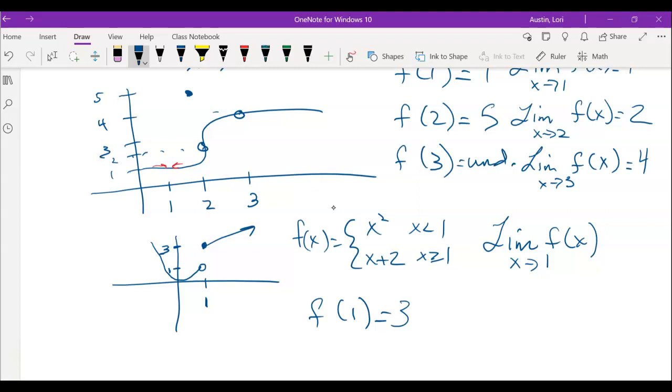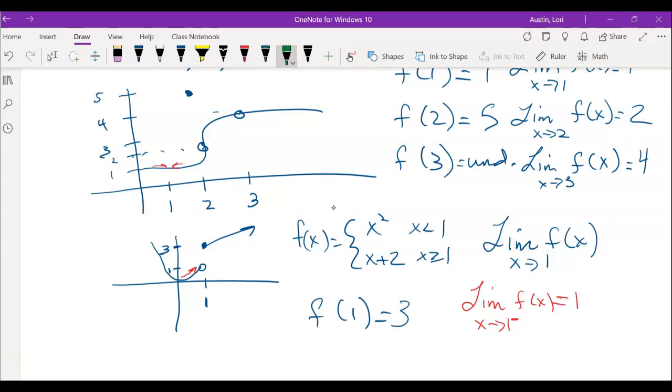Yep, we'll have a theorem about this in a minute. So, okay. Well, where's it going from the left? In other words, if I approach 1 from the left, what's the value it's headed toward from the left? 1. Everybody see that? It's headed to 1.